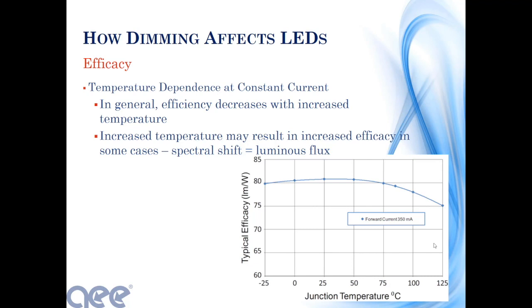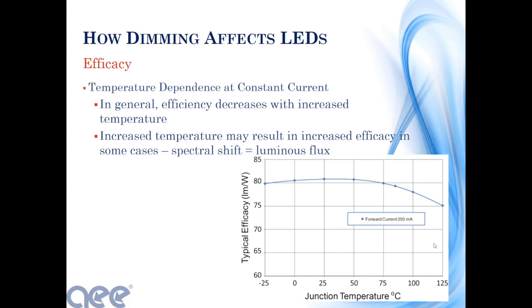It doesn't last very long, and there's a sweet spot for it, but that is an actual occurrence that can happen. So efficacy is affected as far as temperature. We know higher temperature, lower efficacy.